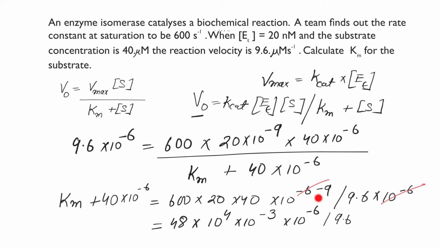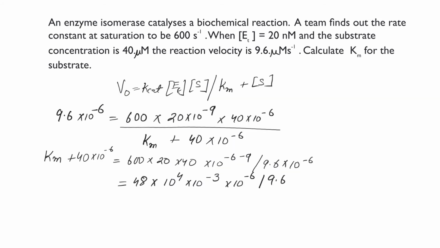Now 10 to the power minus 9, I've split into 10 to the power minus 3 and minus 6. Why have I done that? Because you can see we have to subtract this amount from this. So let's just play a little bit cool when it comes to maths, so that we have a better setup. Now that comes around to Km equals 480, that is 48 times 10 to the power 4 into 10 to the power minus 3, that's 10, right?